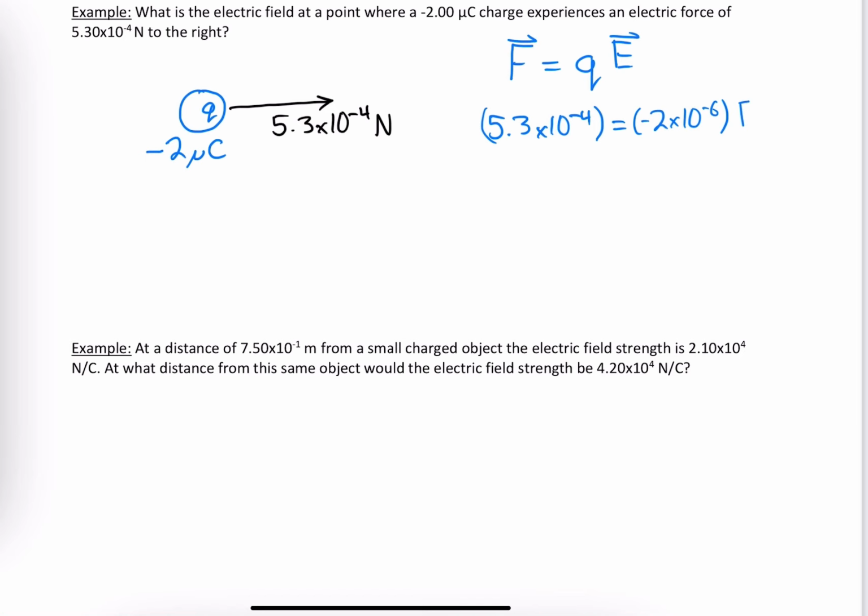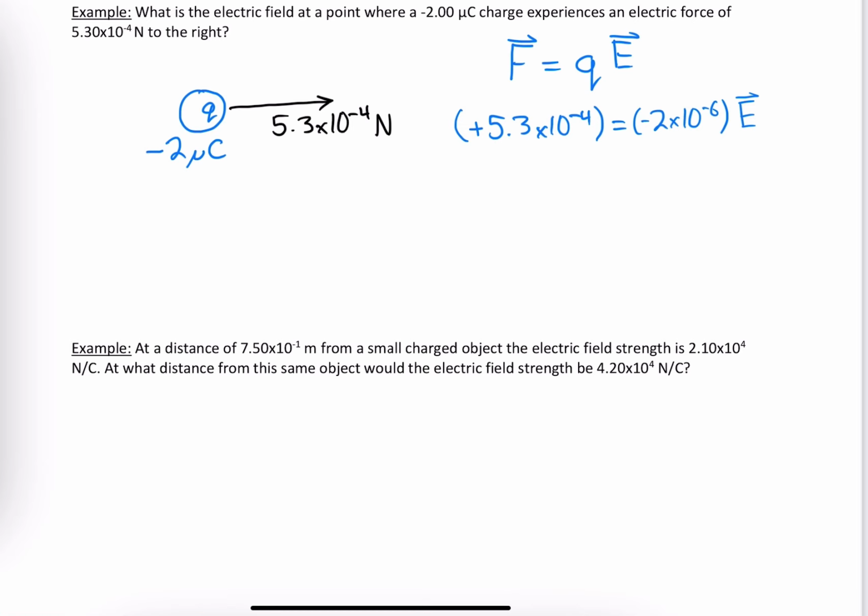And electric field is what we're solving for. Now, because I've got a vector hat here on top of this force, I should very intentionally make it positive or negative, depending on its direction. So I'll actually add that in here. This is very intentionally a positive 5.3 because it is going to the right.